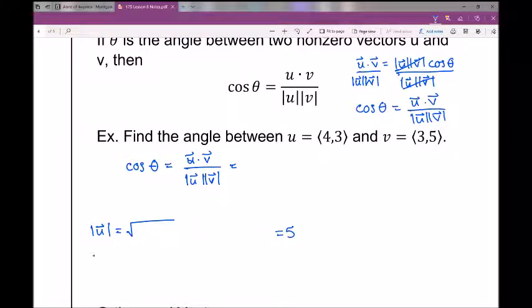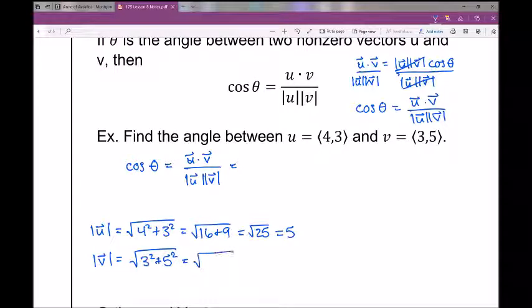The magnitude of v, on the other hand, is going to be the square root of 3 squared plus 5 squared. That'll be the square root of 9 plus 25, which is the square root of 34. I don't think we can simplify the square root of 34, so we're just going to leave it like that. Finally, we can find the dot product of u and v.